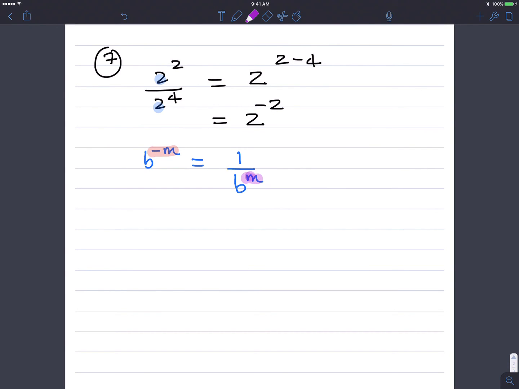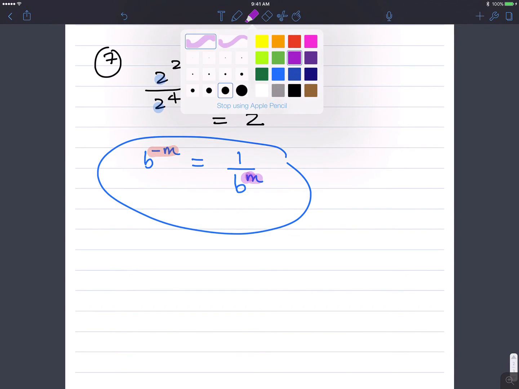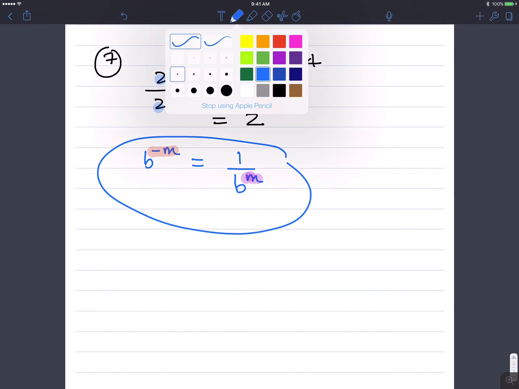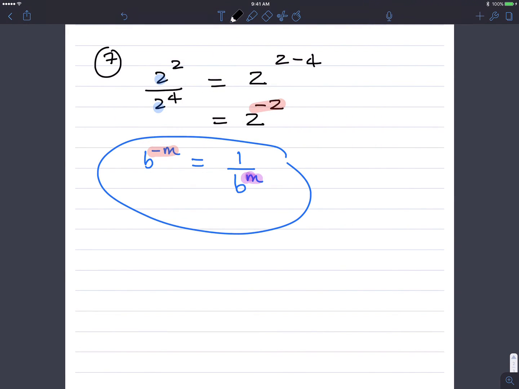It's now positive. So whenever you have this situation, where my power is negative, I'm going to write this as 1 over 2 to the now positive 2, the opposite of the negative 2. The opposite of a negative m is simply an m. The opposite of negative 2 is positive 2.